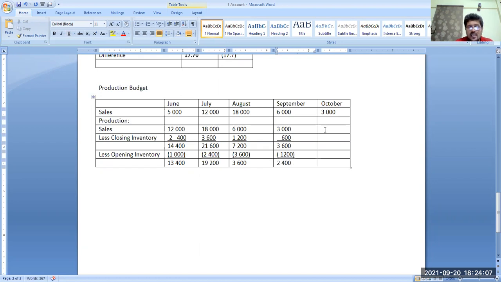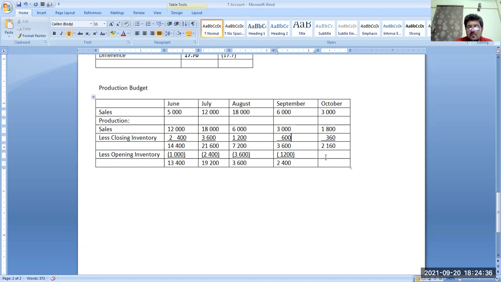Now in October, we will produce for November 1,800, and 1,800 multiplied by 20% is 360 closing inventory. It means total units we require 2,160.